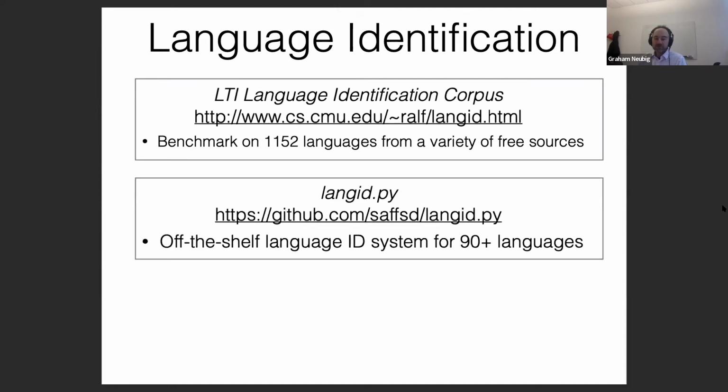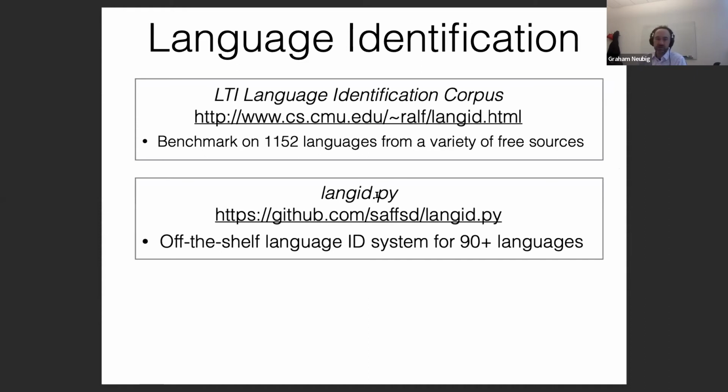If you want off-the-shelf tools for doing language identification, one example of a relatively easy one to use is langid.py. You can just download this and use it for 90+ languages. Another example is the Chrome language identifier from the Chrome browser.